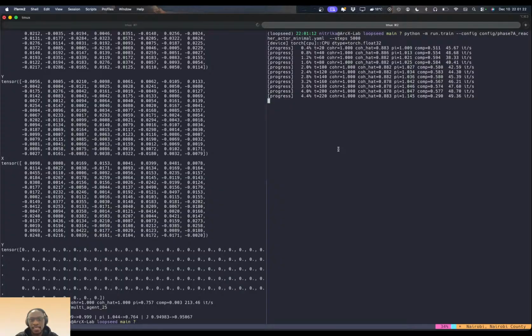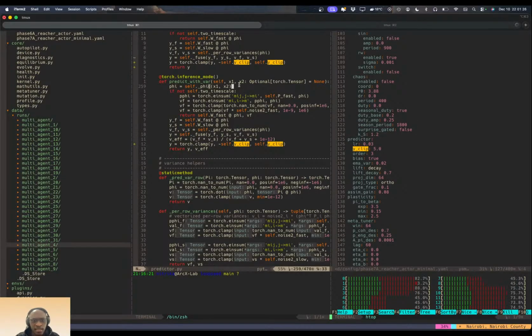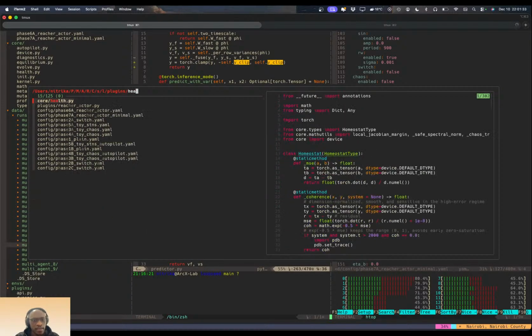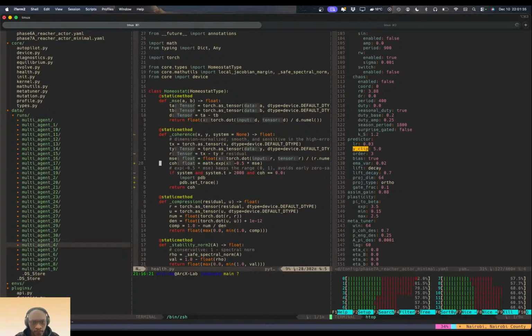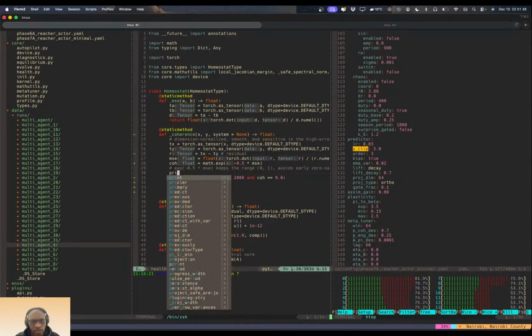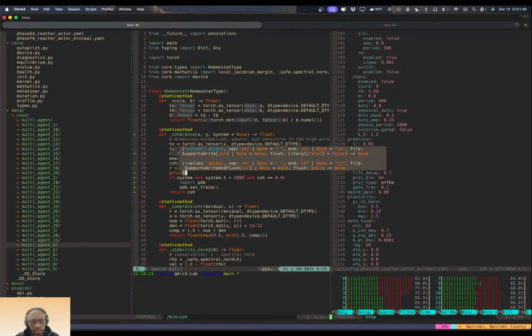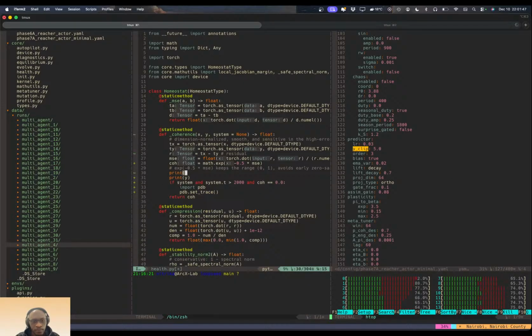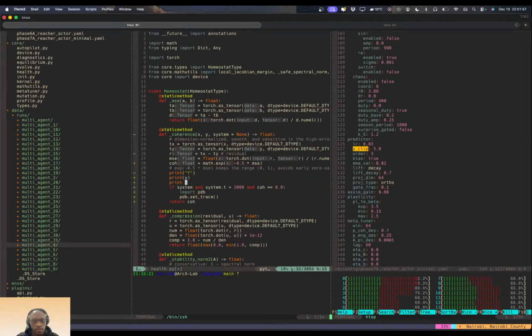Oh no, I'm supposed to print something. We need y. I need to see what y is. Mostly y, yeah, just y. All right, okay.